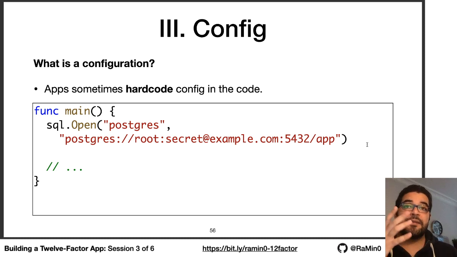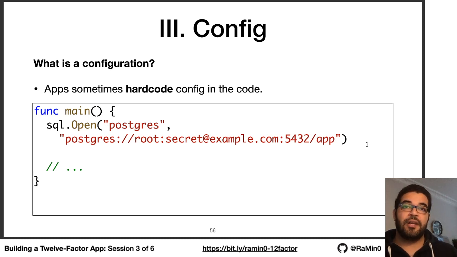Another problem is that if this code needs to be run on different environments, given for example that you have a database for the staging environment and another instance for the production environment, and each of these databases keeps its own version of the data, then you will need different configuration for each of these instances.